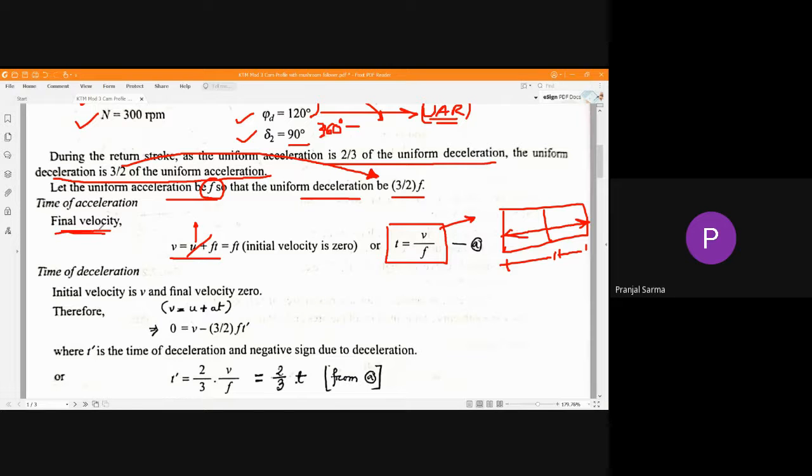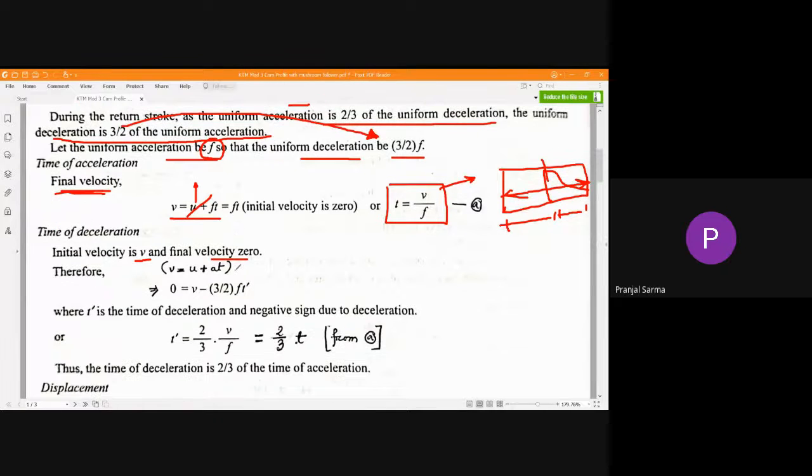Whatever is the final velocity in the case of acceleration becomes the initial velocity for the next case, the next half, that is the deceleration case. So the initial velocity will be v, and after deceleration it has decelerated up to zero, or the final velocity is zero. So once again, by using v equal to u plus at, we can write the final velocity equal to zero, and the initial velocity now is v.